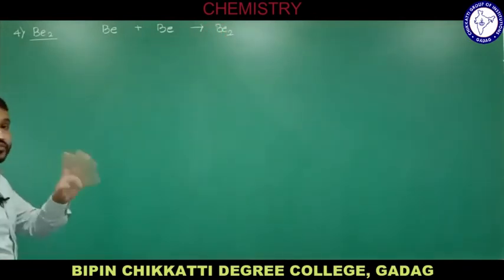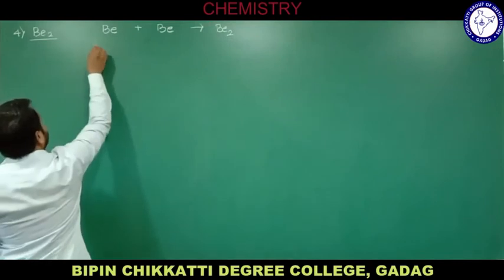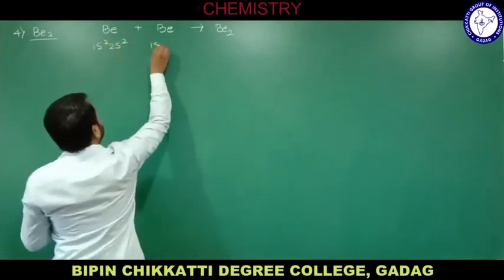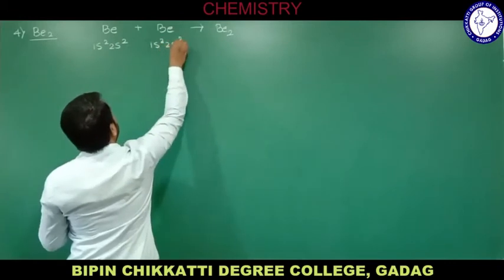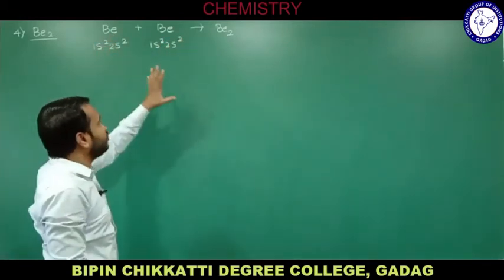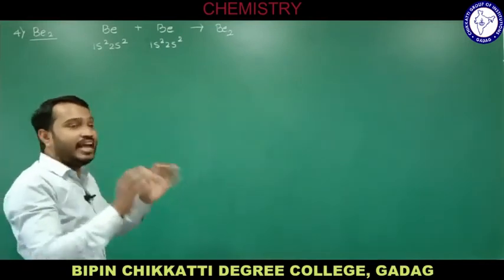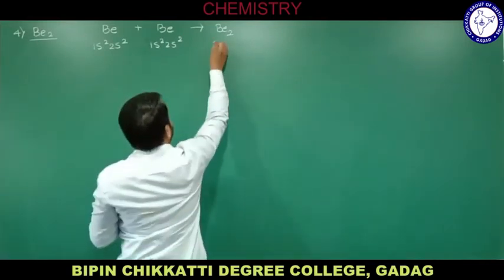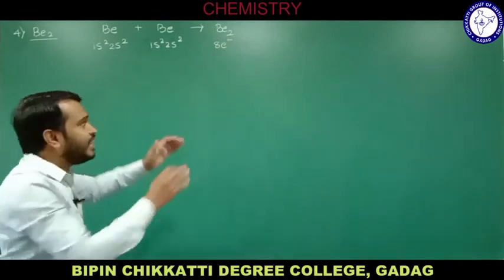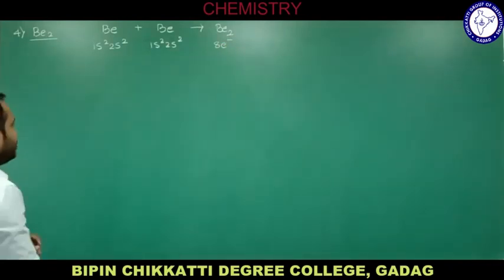The atomic number is 4, electronic configuration 1s2, 2s2. For this one also 1s2, 2s2. From this beryllium we have 4 electrons, and from the other beryllium atom we have 4 electrons. Totally 8 electrons have to be distributed. In Be2 we have totally 8 electrons, so 8 electrons have to be distributed among these atomic orbitals.